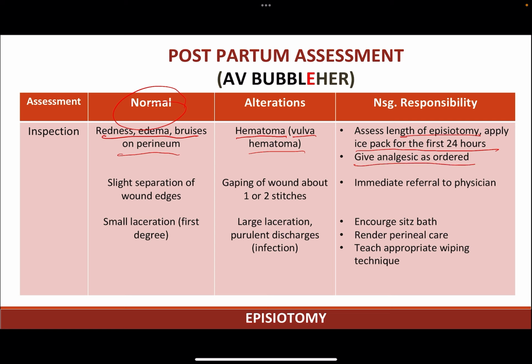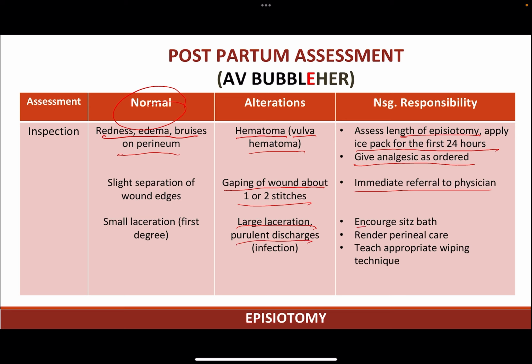Slight separation of wound edges is normal. In the alteration, there is gaping of the wound about 1 to 2 inches. Then immediate referral to the physician. We have also the small laceration. The alteration is the large laceration and purulent discharges, which is infection.